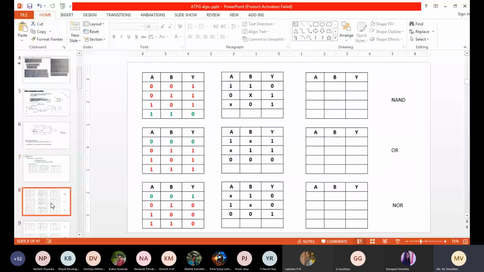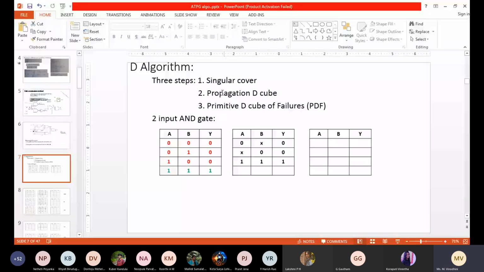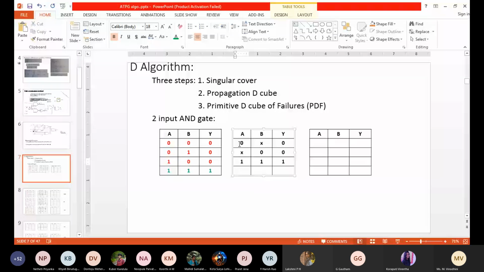Now next is the propagation D cube, which we need to do from the singular cover. This is a little bit confusing, but it is easy to remember. Okay. Now here also let me divide it into 2 groups. This is one group and this is one group.